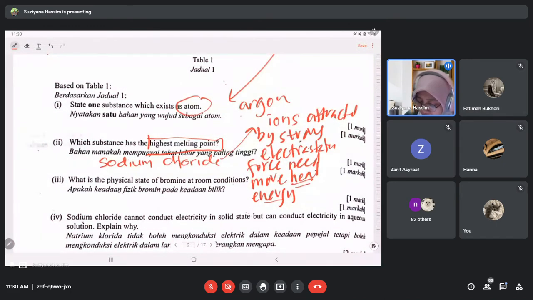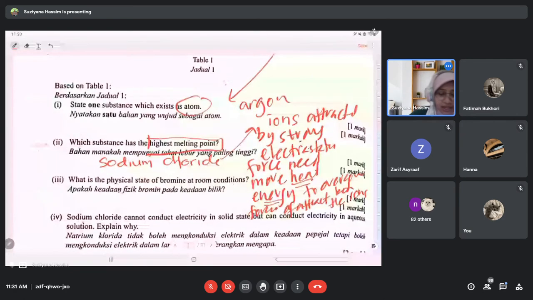The word heat, to overcome the forces of attraction between the ions. Okay, that is the answer.